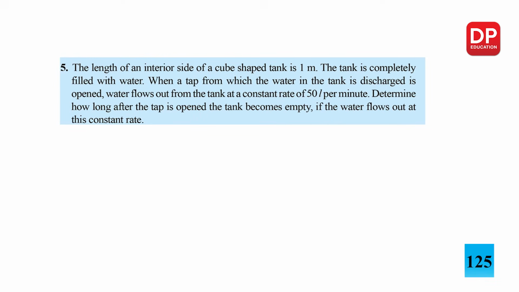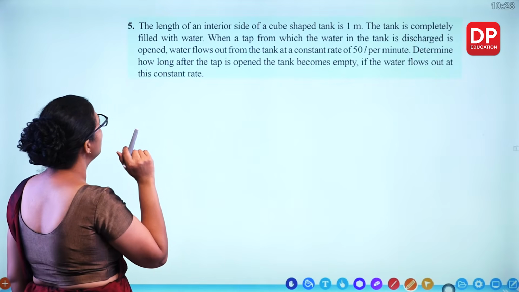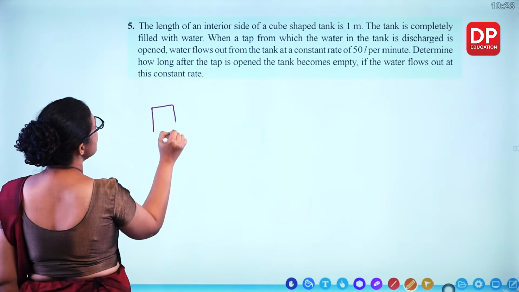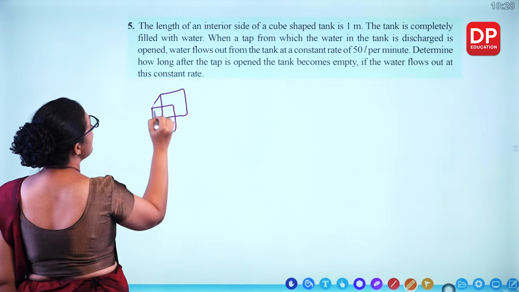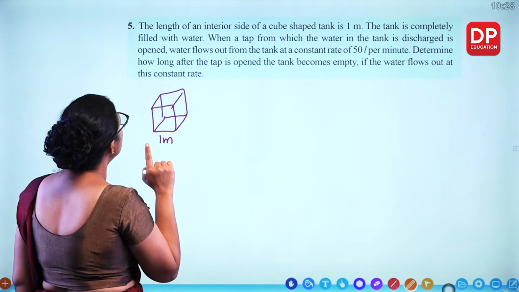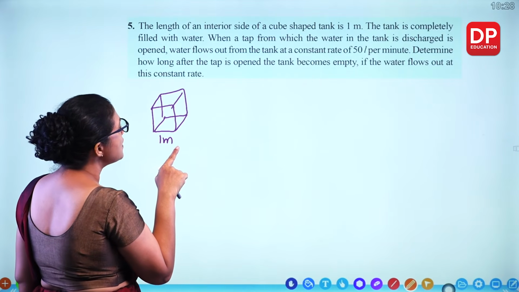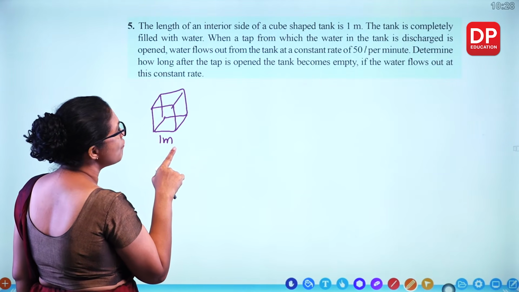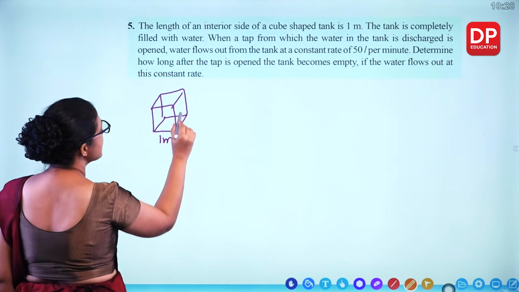Question number 5. The length of an interior side of a cube-shaped tank is 1 meter. That's a cube. The tank is completely filled with water when a tap from which the water in the tank is discharged is open. So water flows out from the tank at a constant rate of 50 liters per minute.